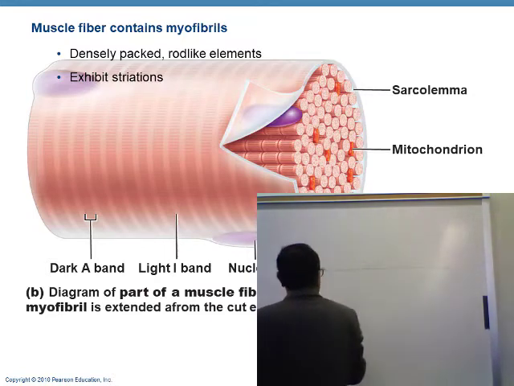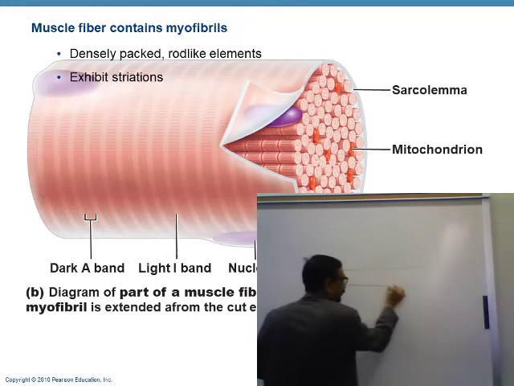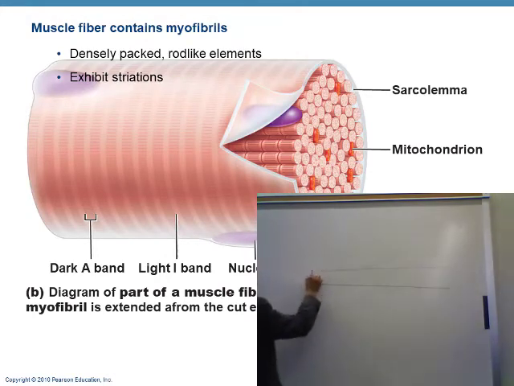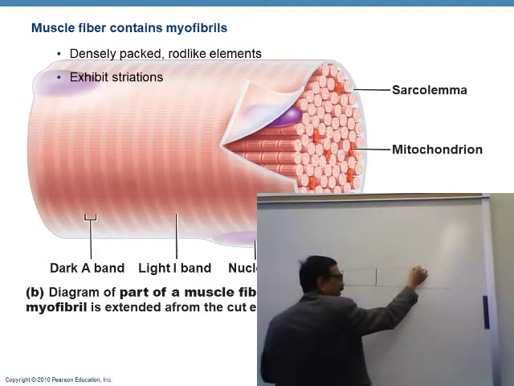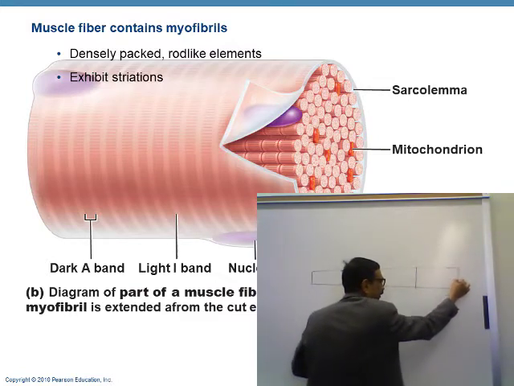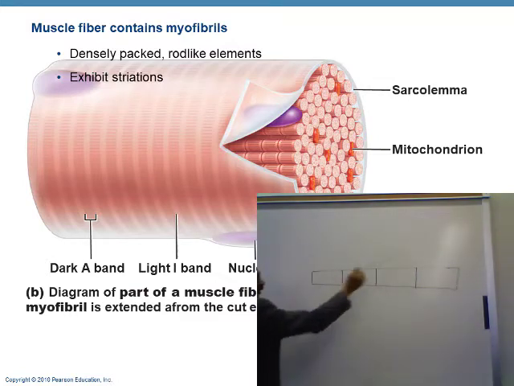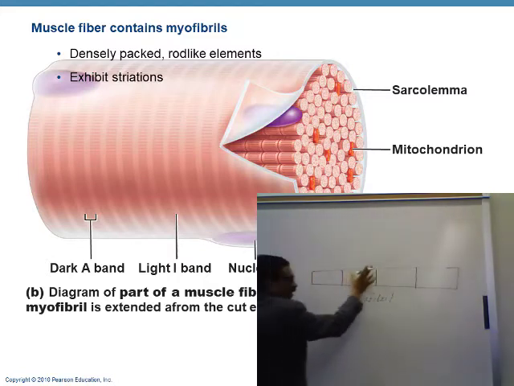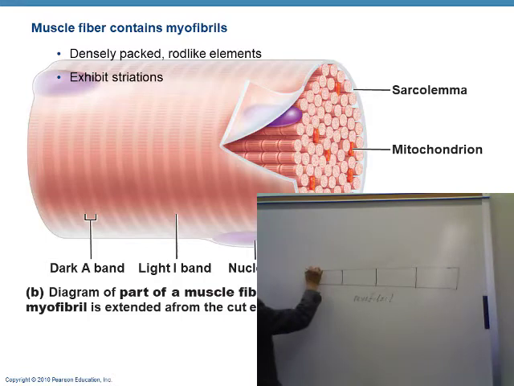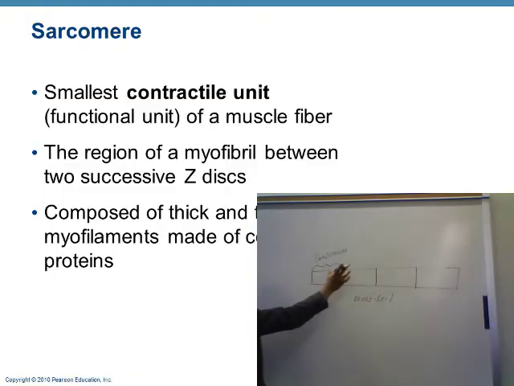If you see a myofibril under the microscope, you will see many segments in it. This whole thing is the myofibril, okay, and inside the myofibril you will see segments. Each segment is called a sarcomere. So this is one sarcomere, this is another, this is another.